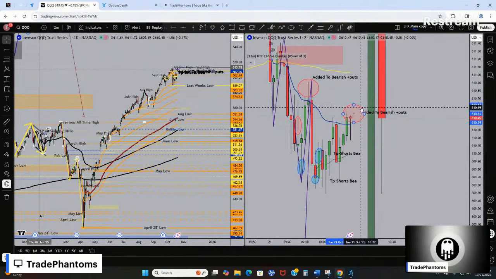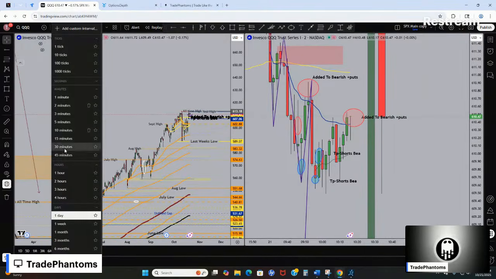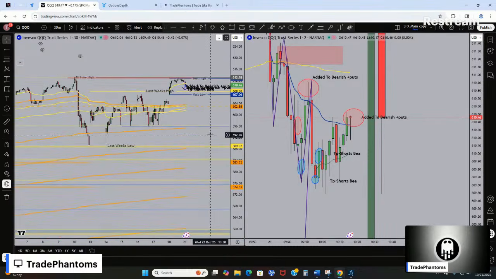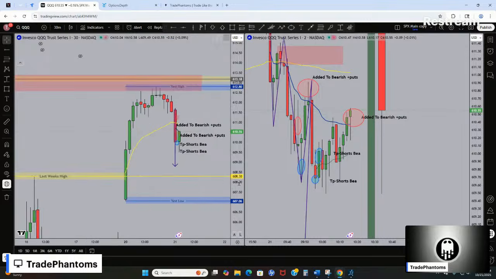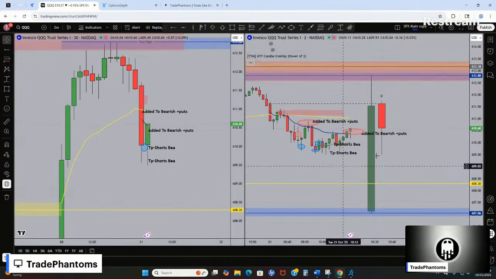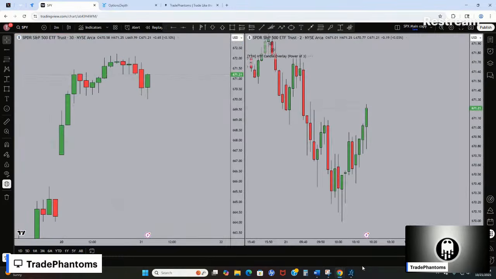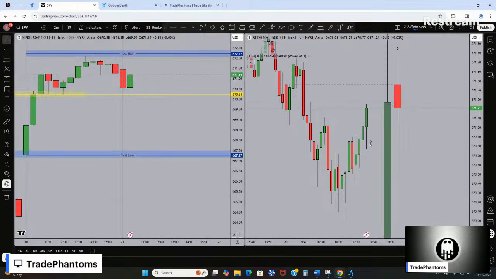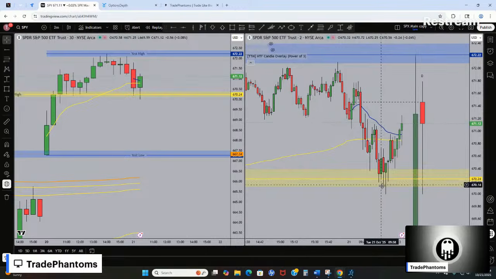I didn't even check much internals here. Let me just bring this to like 30. All right, so this add put could be wrong. And then I got SPYs that are trying to clean up a bit here. I mentioned that too. We got that week there. I was looking at this retest on the weekly.